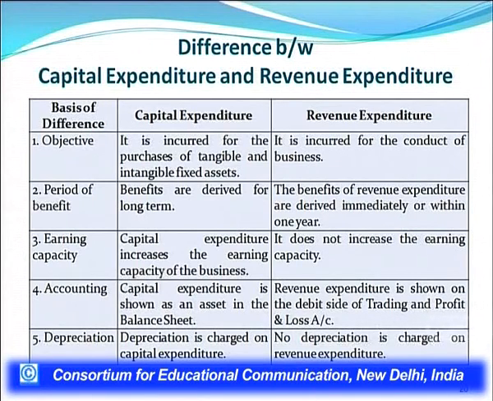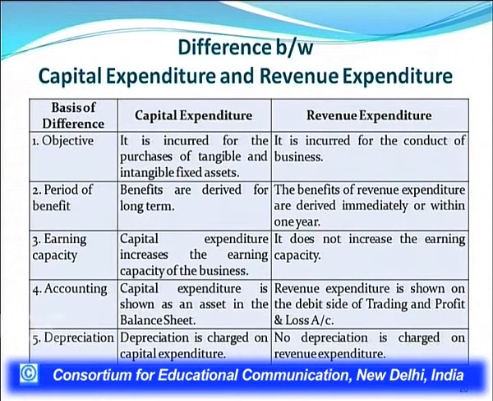Period of benefit. As we have already discussed, the capital expenditure benefits the firm for the long term, while the revenue expenditure benefits the firm for the short term, or in other words the benefits are derived within 1 year. So, it is a short term benefit.